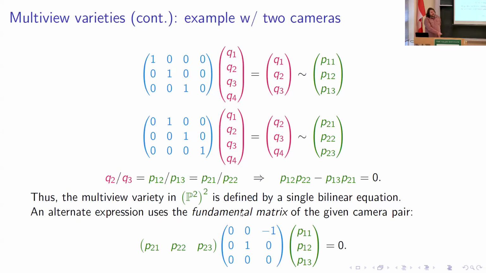And this is an example of what's called the fundamental matrix of the camera pair. So all of these multilinear constraints associated to multi-view varieties and various generalizations thereof are coming from what are called Grassmann tensors. And I have a little bit of time, but I think I might save that for tomorrow.